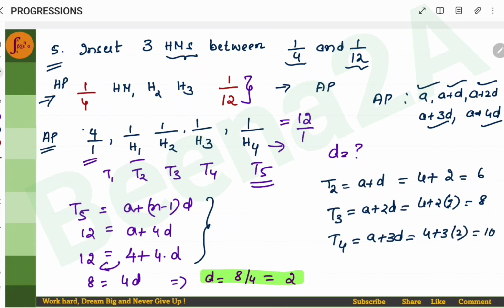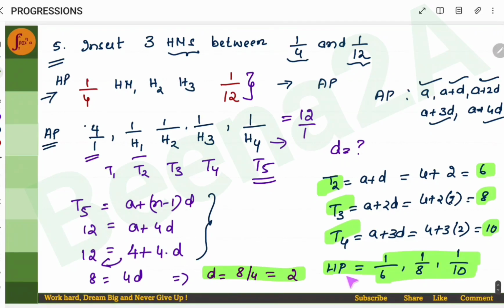So these are the terms in arithmetic progression. Now what would be the terms in HP? It will be reciprocals, so 1 by 6, 1 by 8 and 1 by 10. So these are the harmonic means between 1 by 4 and 1 by 12.